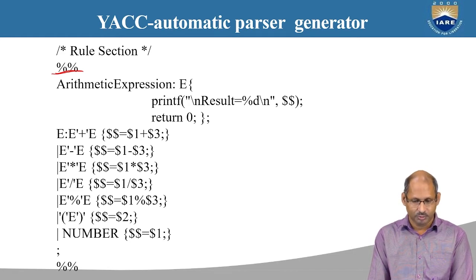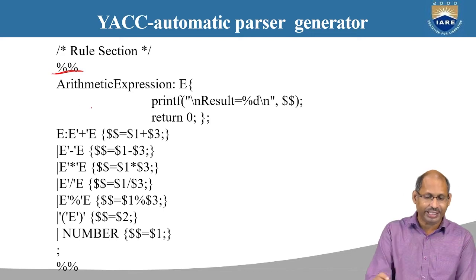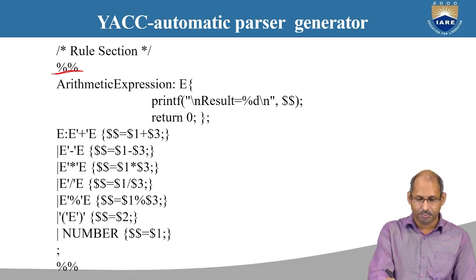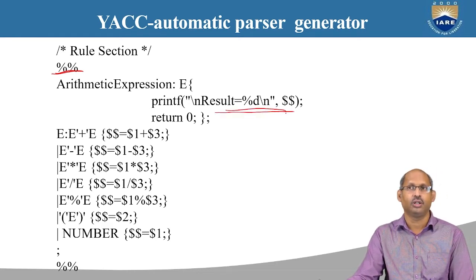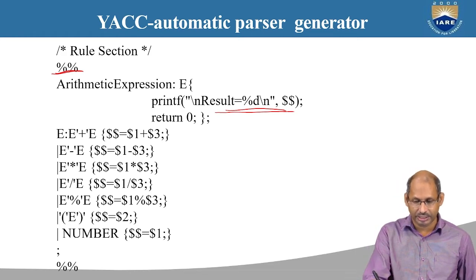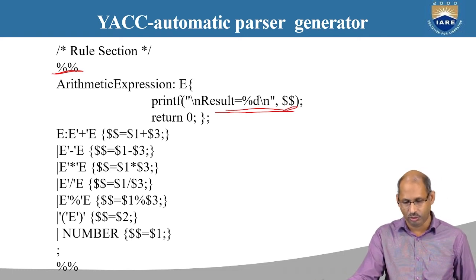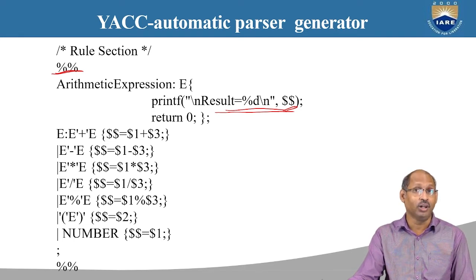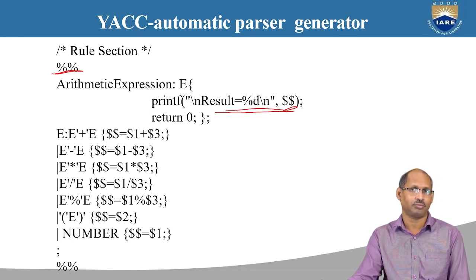In the rules section, arithmetic expression E will result in printf result percent d equal to $$. So in the output, the calculated value is printed in the place of $$. The value of the $$ is calculated from the below expressions.